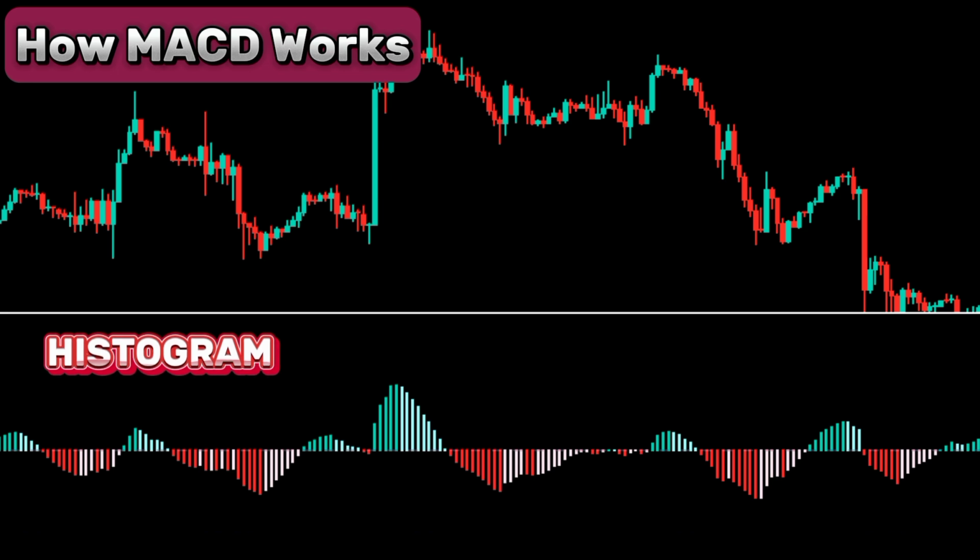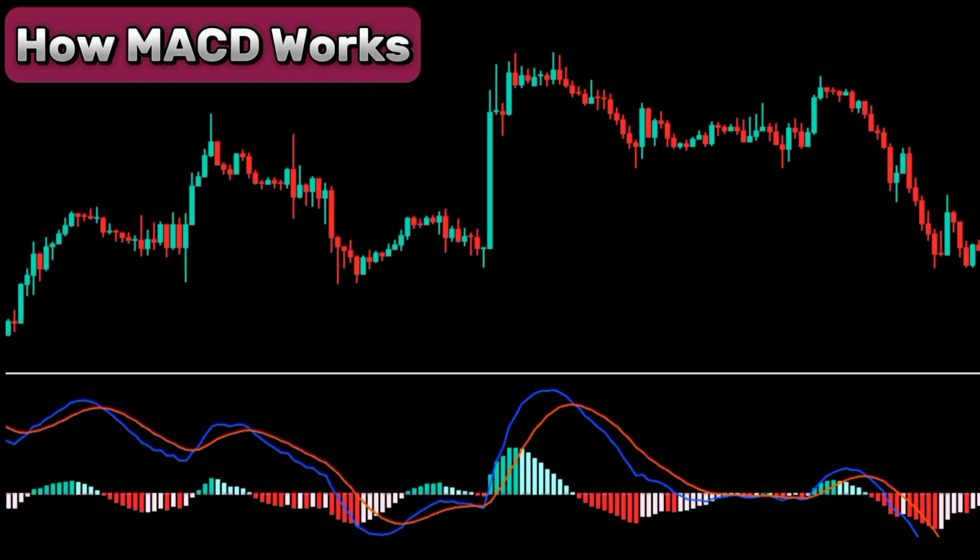The histogram is the most visible part of the MACD, and that is what comes to the mind of every trader when they think of the MACD indicator. The histogram boldly represents the difference between the MACD line and the signal line. You could be surprised when you hear that, because you think it is just working on its own. But here is how it really works. When the MACD line crosses above the signal line, it will turn the histogram color to green. And when the MACD line crosses below the signal line, the histogram color changes to red immediately, as you can see here.